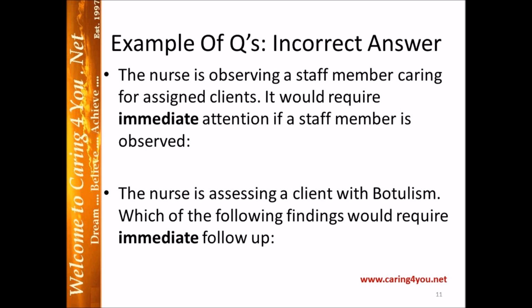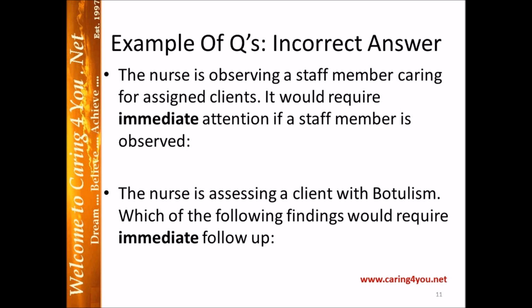Look at this example. The nurse is assessing a client with botulism. Which of the following findings would require immediate follow-up? So again, we have the word follow-up, but we also have the word immediate in here, right? So what incorrect symptom? What is the worst symptom, if there's two? What would require immediate attention?